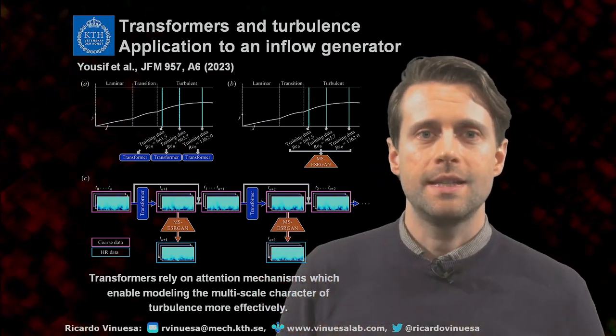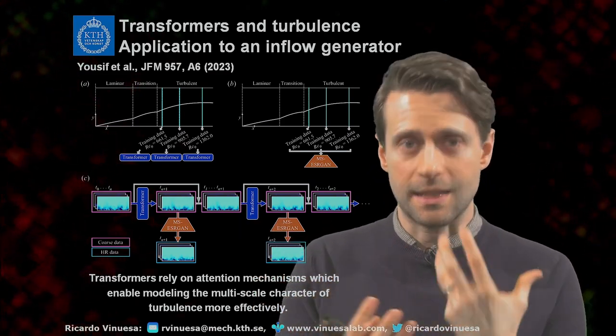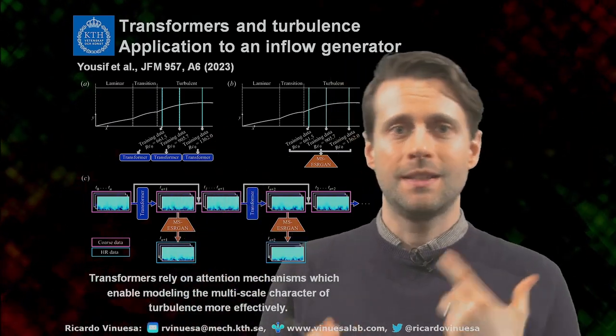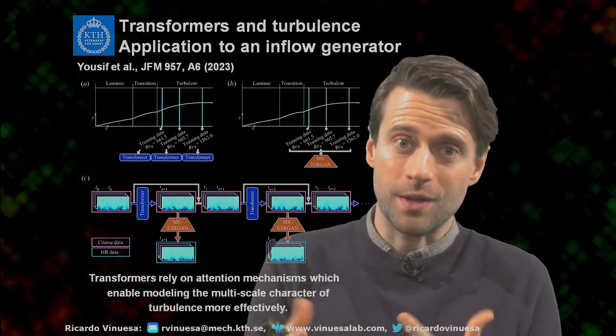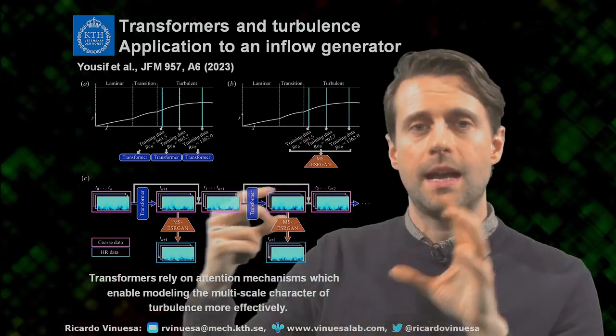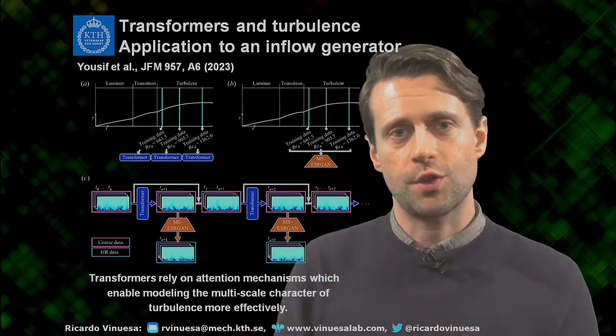So the idea is that with the multi-scale character, the large scales take more time and are much slower than the smaller scales. That information is going to be way in the past, and smaller scales are going to be closer to each other.